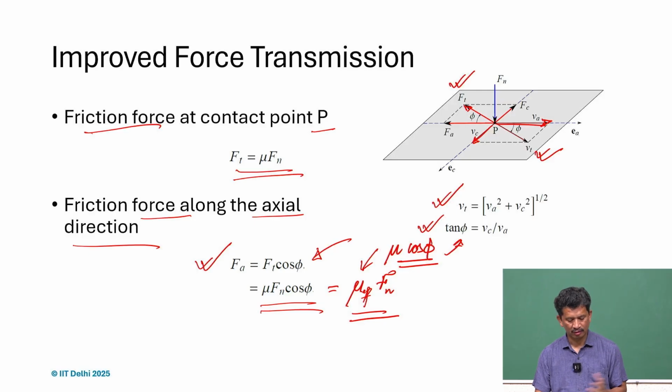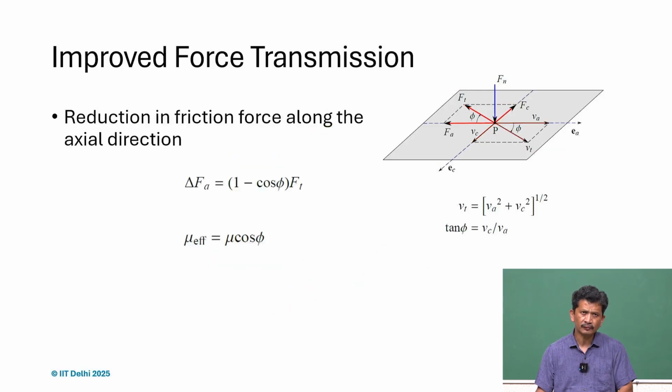So I think modeling wise, it's a very simple model. The mathematics is also simple, so it's not so complex. If you are able to visualize, I think it's very easy. So if we try to see the effect on the force transmissibility, we can define the reduction in the friction force.